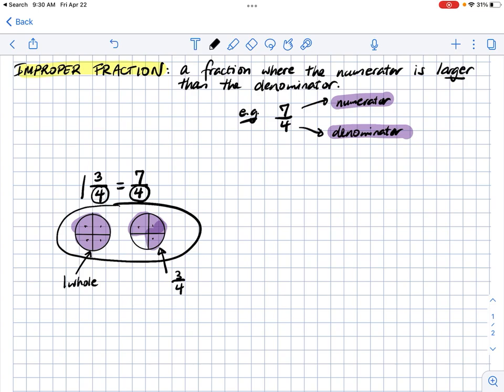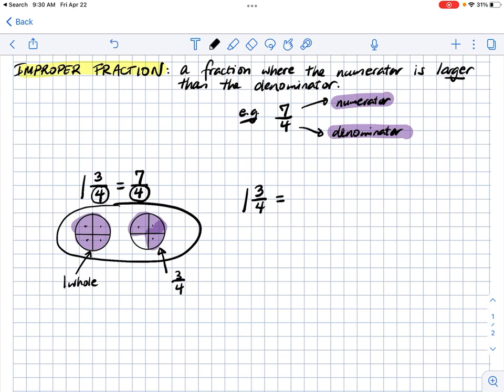Another way to look at it, if you remember, is the following. If we take that same example mathematically, 1 3/4, I find it's always easier to convert from a mixed number to an improper fraction because the operations are a little bit easier to do.